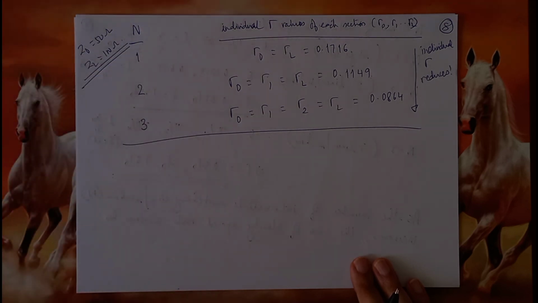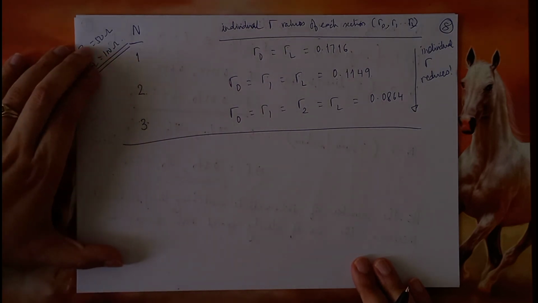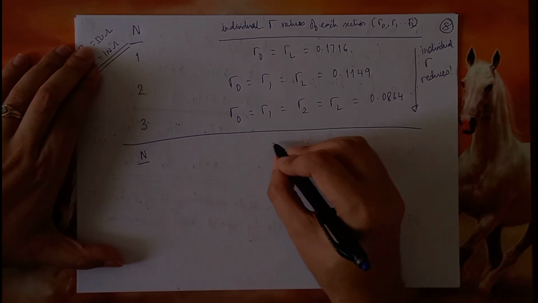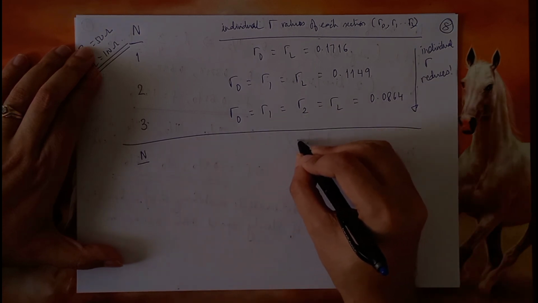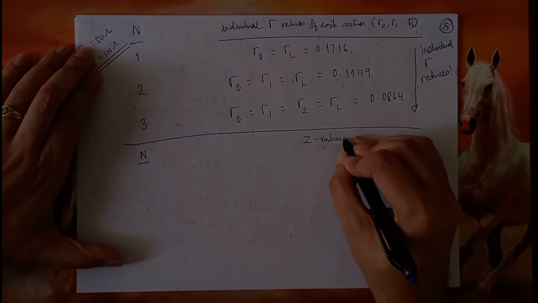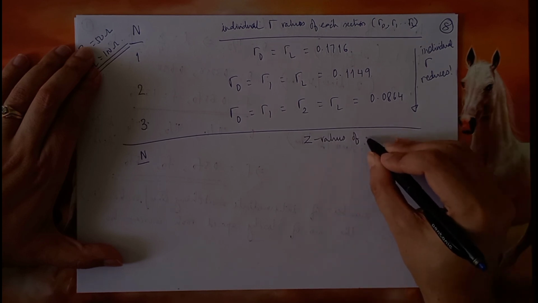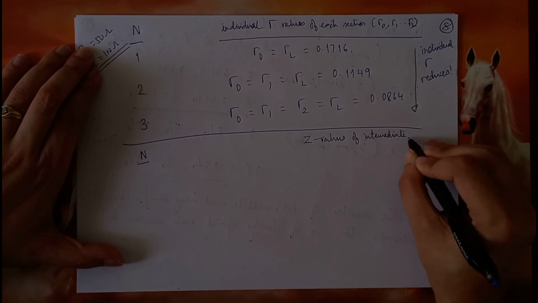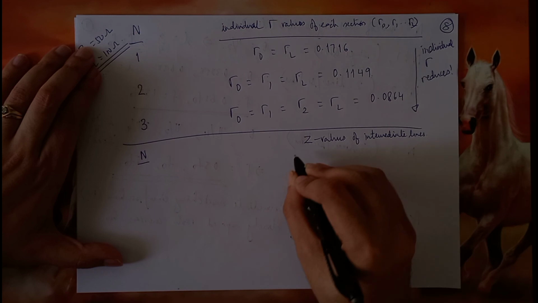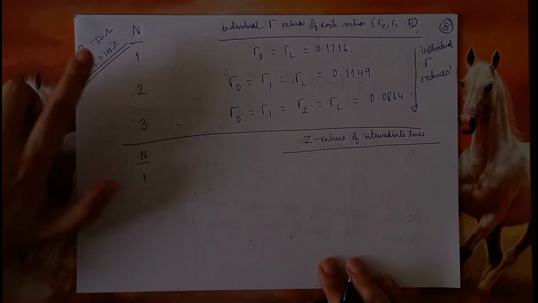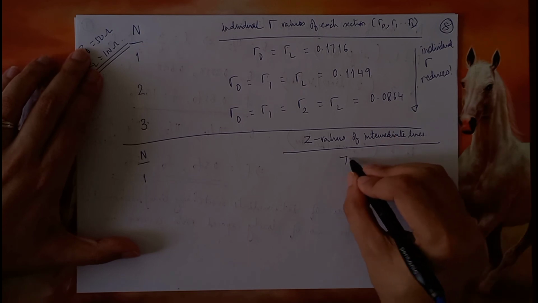Let us look at this from an impedance angle. So now let us make a table of n versus the Z values of intermediate lines. So when n was equal to 1, for the same example, the Z value was 70.71.